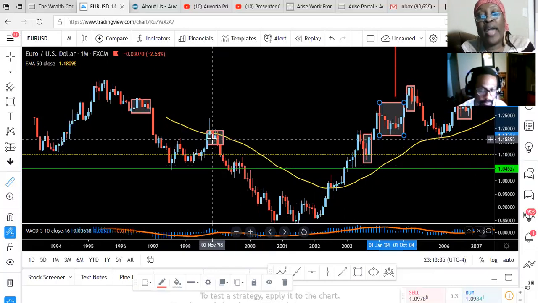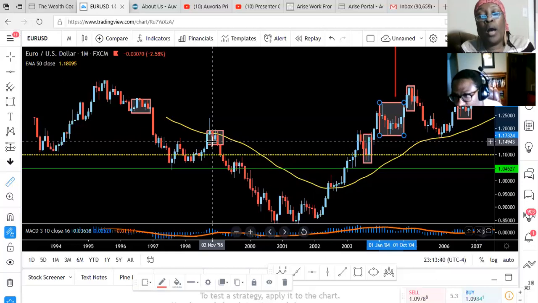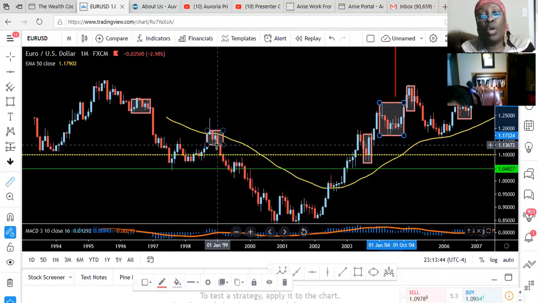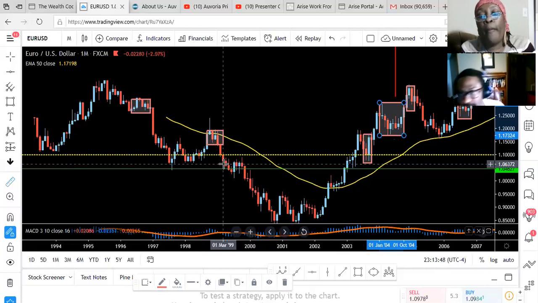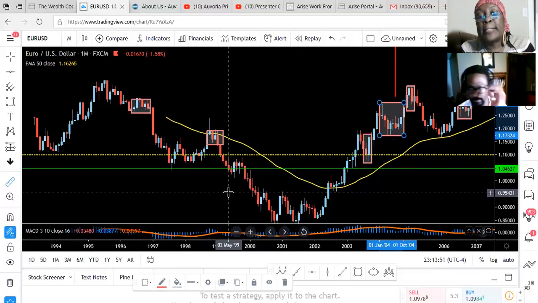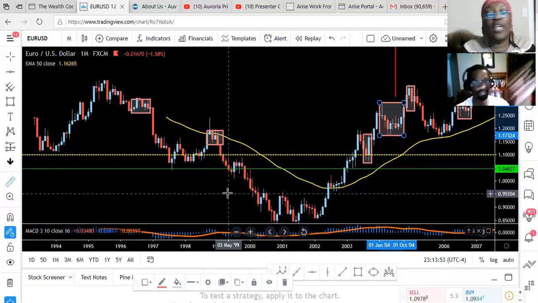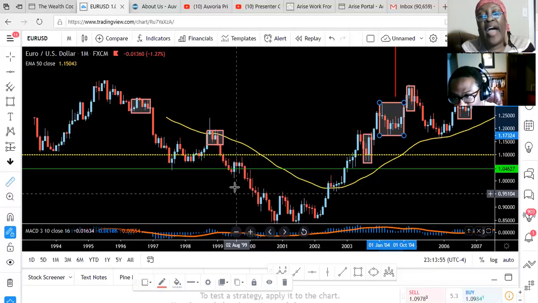You got a low right here, where the candle closed at the low. And then this candle closed at the low right here, which was lower than the previous low. Lower low. When you have that, that's a downward trend.